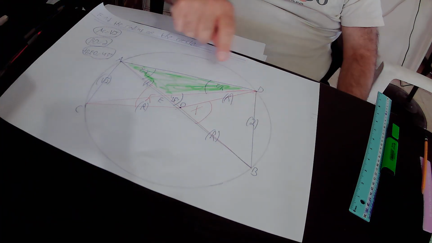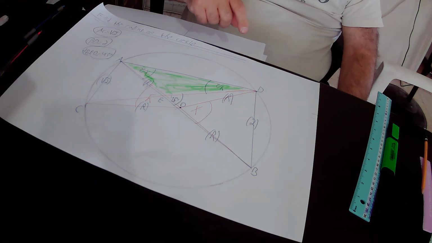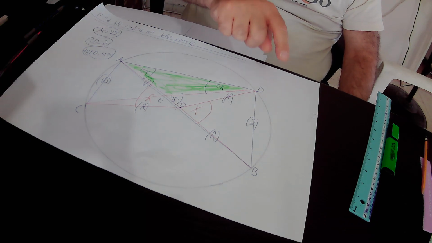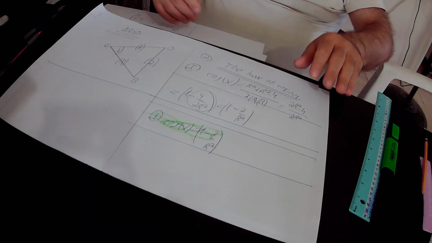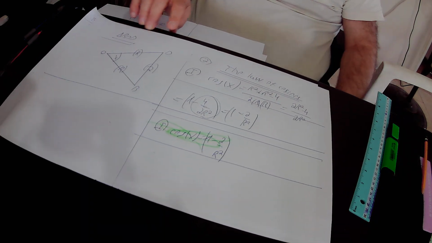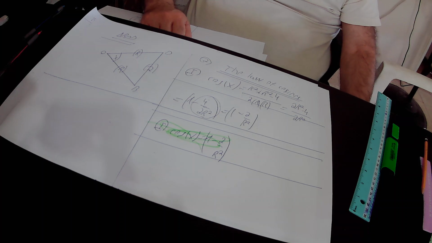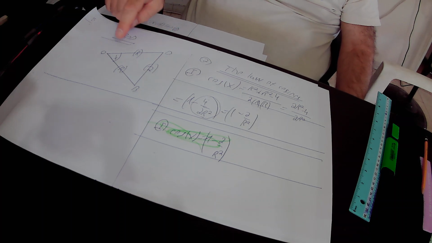So I copied triangle BOD in a new page from the original domain. Side OD equals side OB equals R, they are radii of the circle.